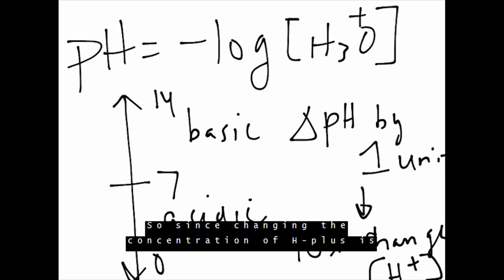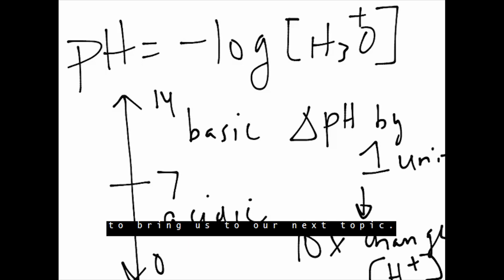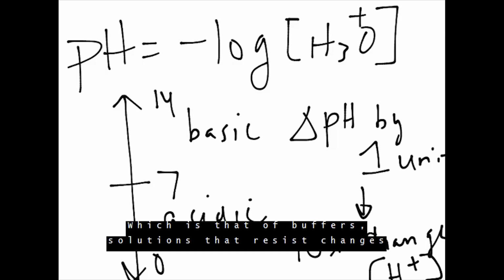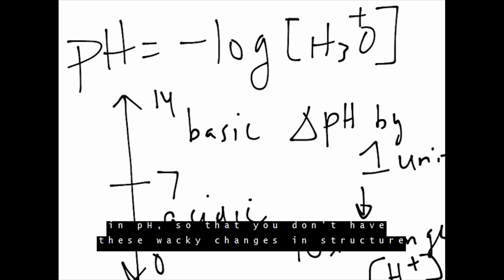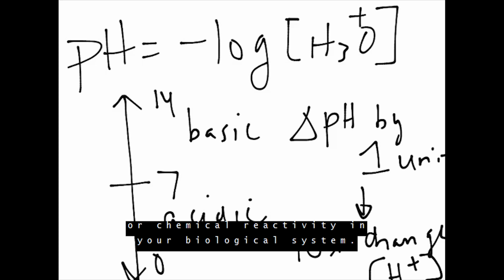So since changing the concentration of H plus has such a large effect on biological structure and function, that's going to bring us to our next topic, which is that of buffers, solutions that resist changes in pH so that you don't have these wacky changes in structure or chemical reactivity in your biological system.